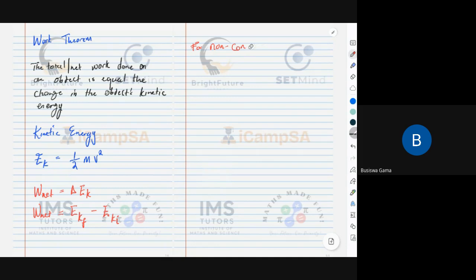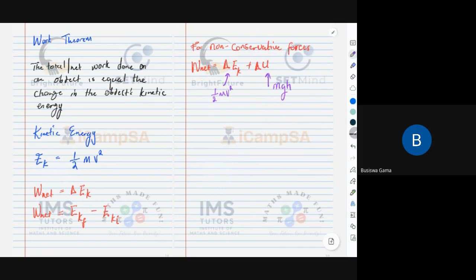Conservative forces would have net work equal to the change in kinetic energy, but now we introduce the potential energy. This is the gravitational potential energy, this one here. Sometimes you can see it like this. This is your potential energy here, right? This is your kinetic energy here.